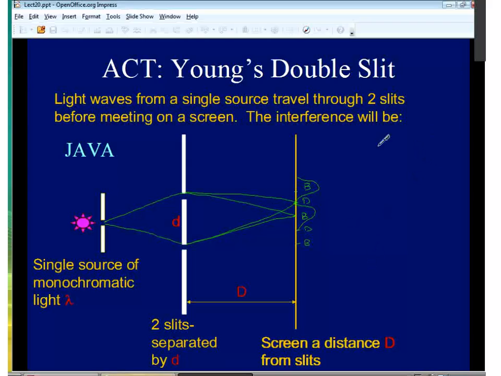If there is lambda by 2 difference, it is like saying pi difference. It's a gone case, a dark case. But again here, brightness, and it goes on and on.